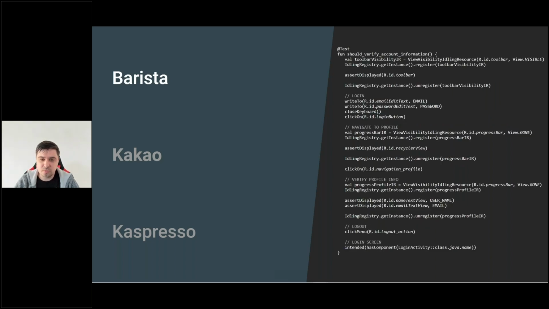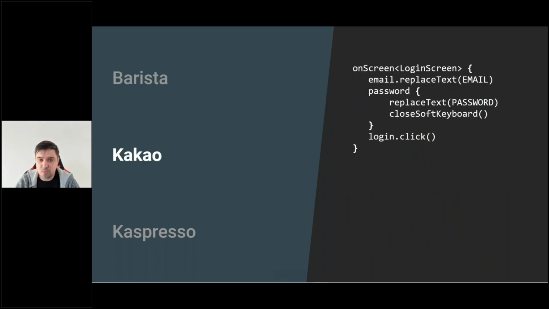This is an example of a test case with Barista, and I will have a similar example but with different frameworks. So as you can see, we should write a lot of code. If you want to make it readable, we should create our own abstraction. Compared with Kakao, which already provides abstraction, it will be a lot of additional work. And one really cool feature of Kakao is interceptors.